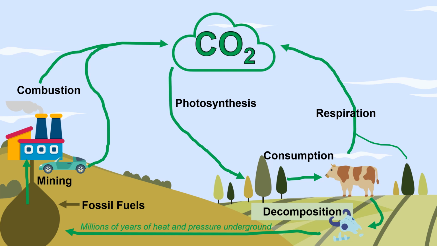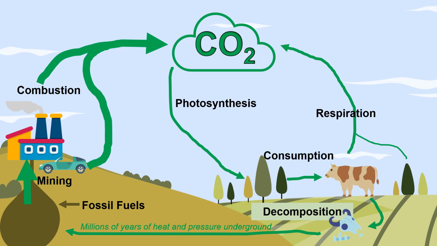Now you could just say, well, this is another little branch of the carbon cycle. Maybe it'll all even out. Fortunately, that is not the case here. All the arrows in this particular carbon cycle are not all equal.